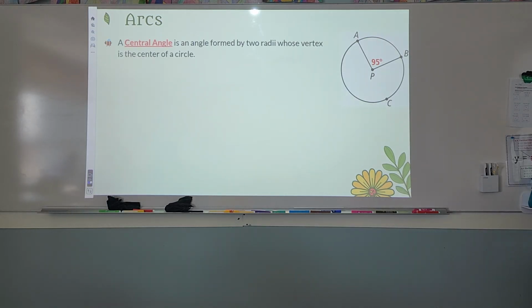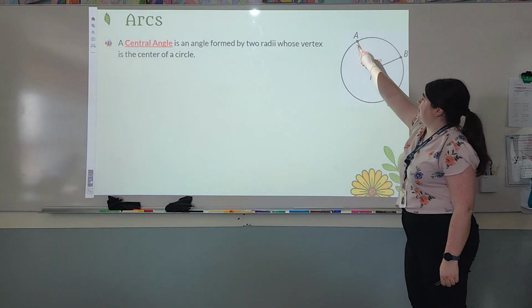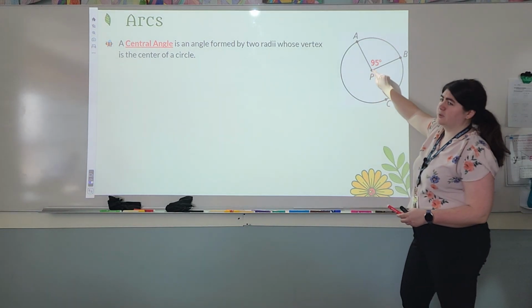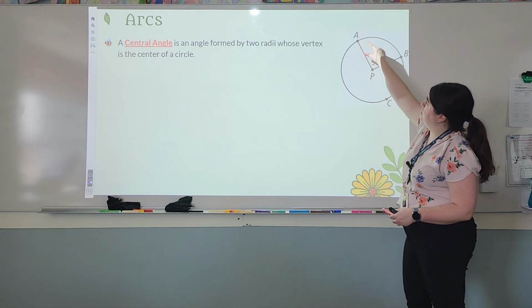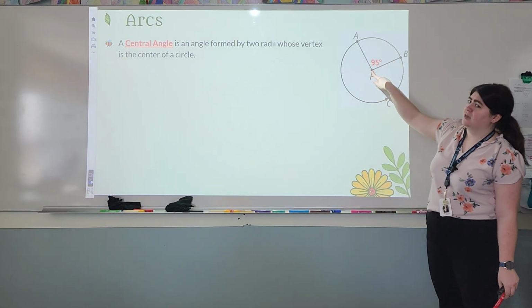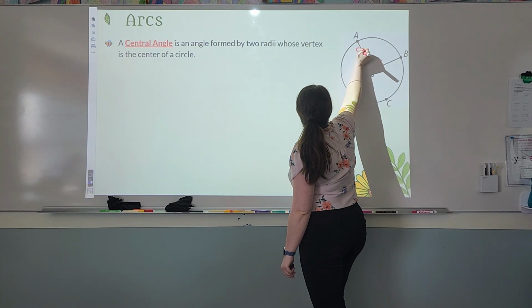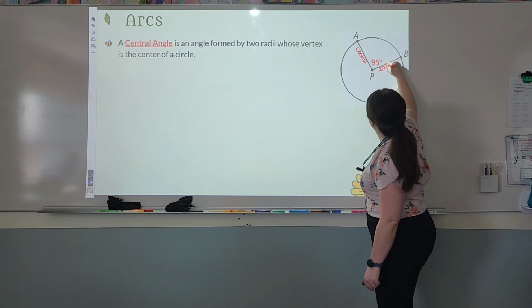Next we have arcs. A central angle is an angle formed by 2 radii whose vertex is the center of the circle. So this circle right here has an angle inside the circle, so that P, being the center of the circle, is the vertex of the angle. And then these 2 sides of the angle start on the vertex and end on the circle. So then we have, I'm just going to label this as we go here, this as our central angle.